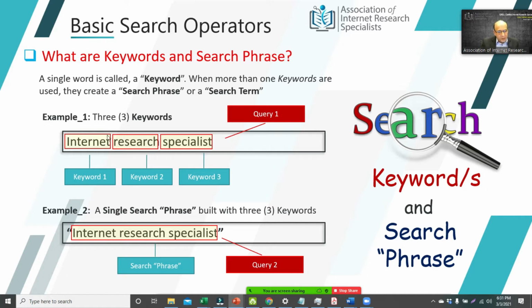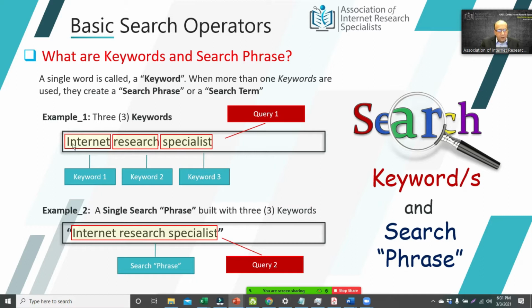And you could see that they are identified by the brackets in red color. Of course, there are no real boxes in red color that exist in search. So this is just for explanation, so that you can identify within each box a single keyword. So here we have three keywords: internet, research, and specialist.